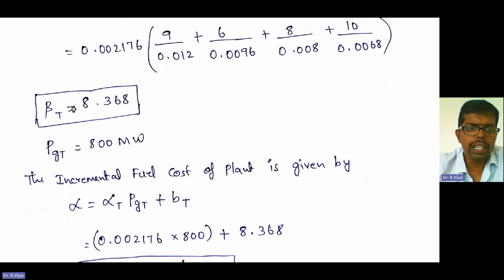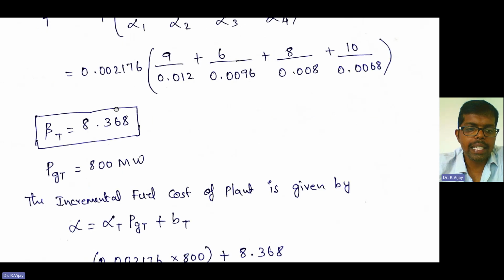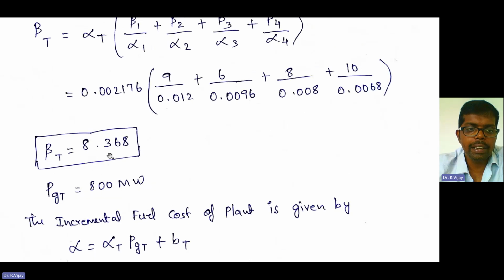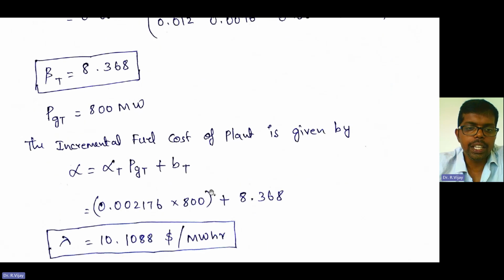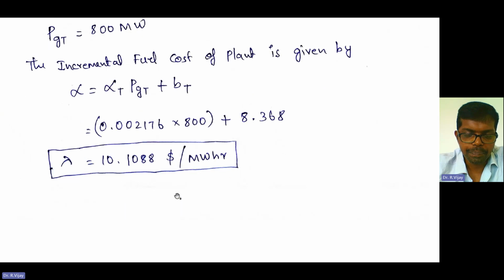So alpha t, which we already found out, is equal to 0.002176, into pgt, where pgt is 800 megawatt, plus beta t. Beta t we have already calculated as 8.6368. So we need to substitute and find out the lambda. If you find out the lambda, it will come like $10.1088 per megawatt hour. That is the lambda.